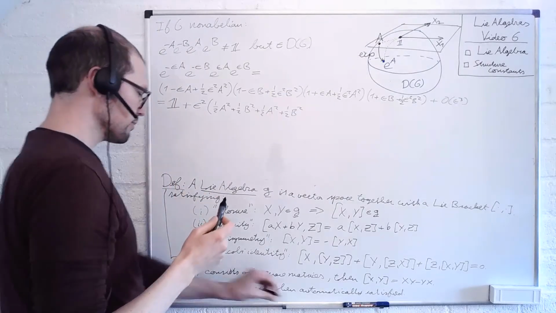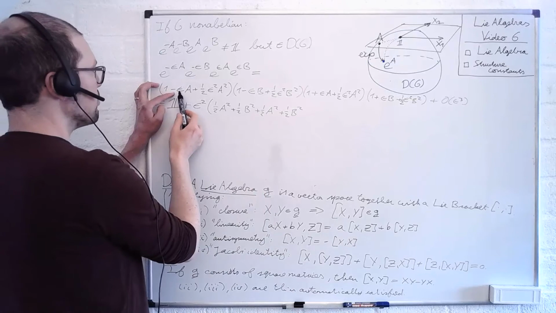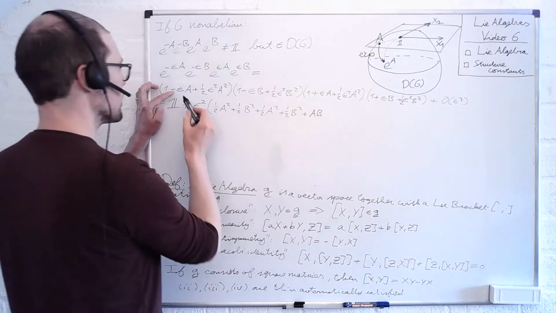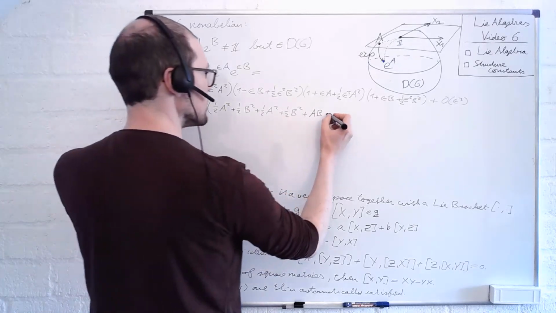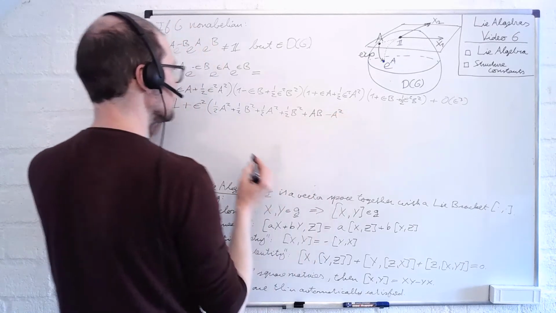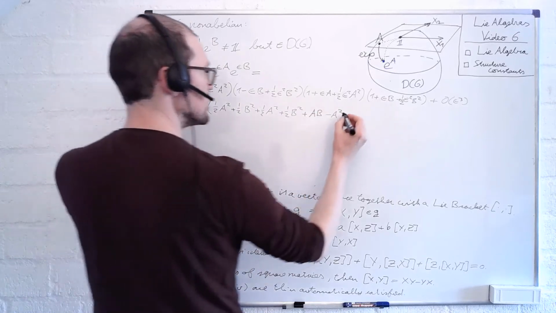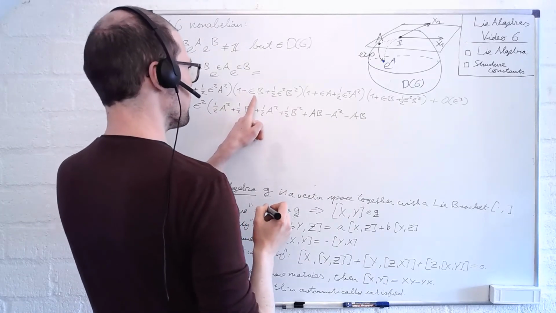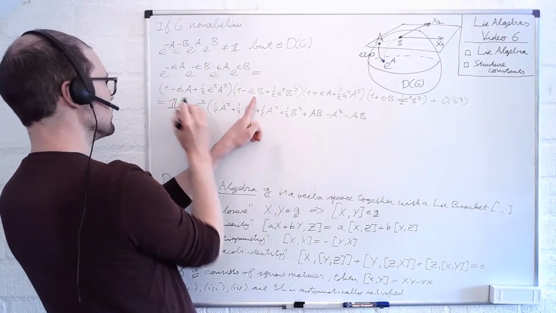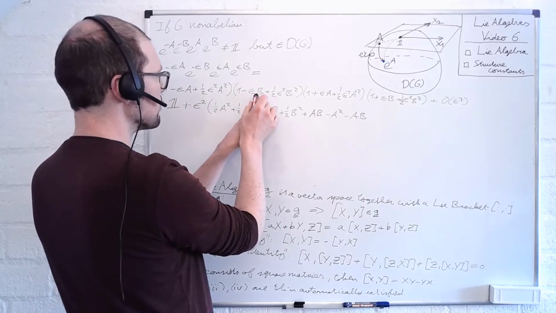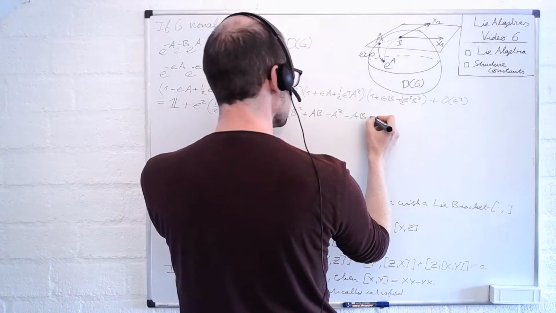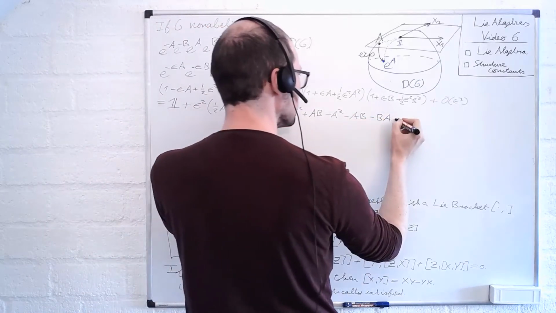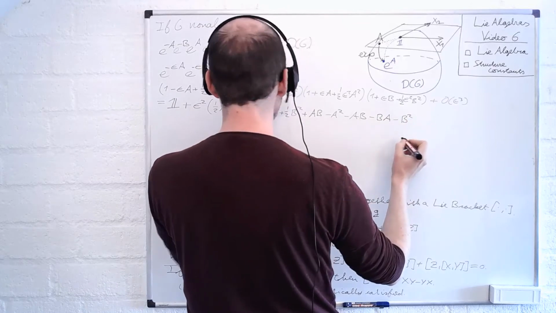I start here: I get minus a times minus b, so plus ab, minus a times plus a, so minus a squared, minus a plus b, so minus ab. Then I take minus b times plus a, so minus ba, minus b plus b, so minus b squared.